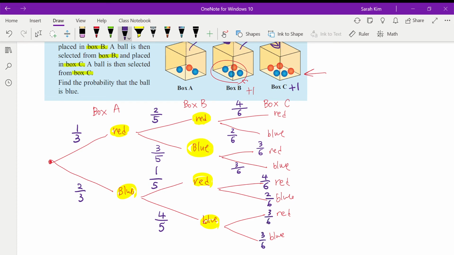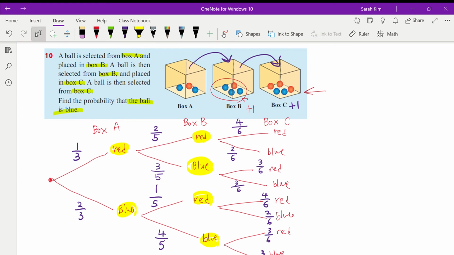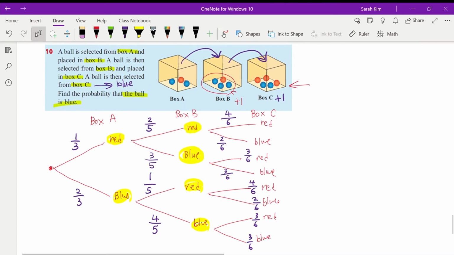So now you just have to find the probability that the ball is blue. A ball is then selected from box C, so I'm assuming we want the final answer to be a blue ball. That's what I'm hoping.